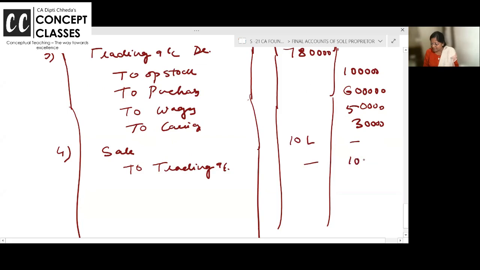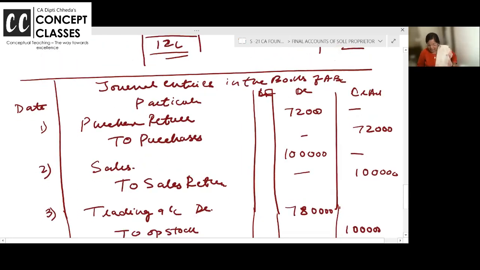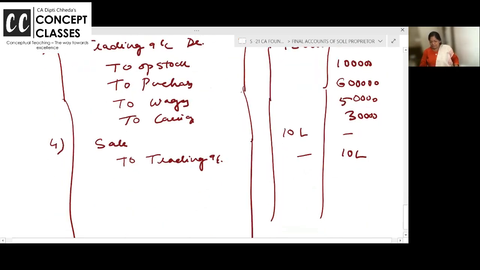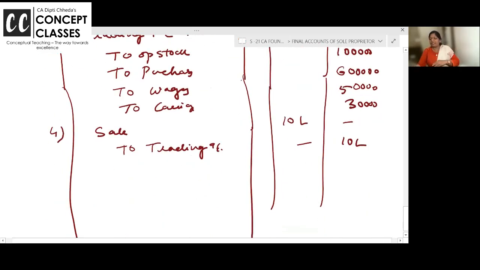10 lakhs. Sales account debit 10 lakhs. Why 10 lakhs? It's 11 lakhs, but 1 lakh is already here. Second entry you have adjusted, no? So now sales debit and trading account credit 10 lakhs.